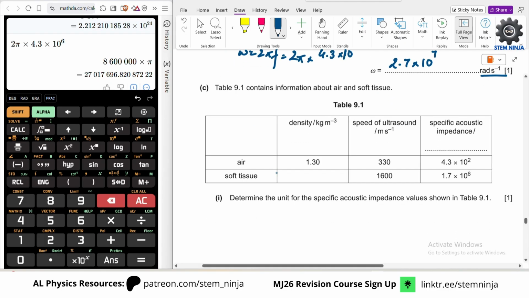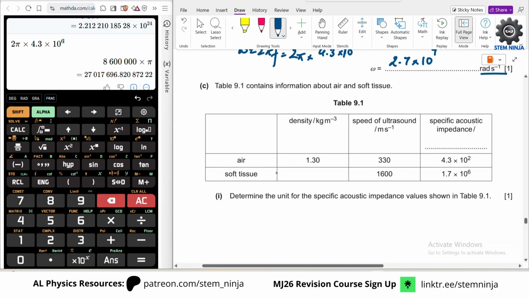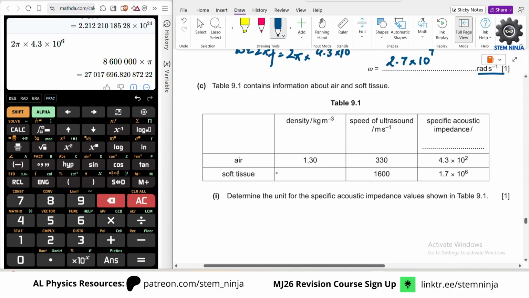Okay. Table 9.1 contains information about air and soft tissue. Determine the unit for the specific acoustic impedance values shown in Table 9.1. First off, we know that specific acoustic impedance is the product of density and speed of sound.